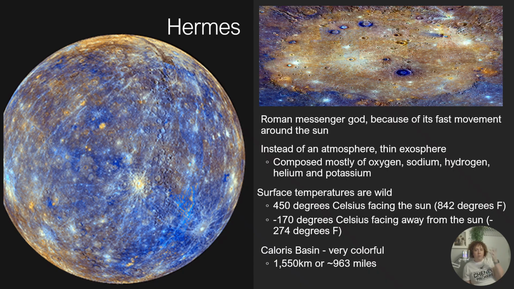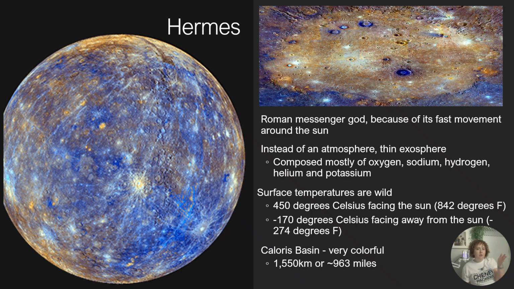So the surface temperatures can be wildly dramatic and different. The side that is facing the sun can reach surface temperatures of like 450 degrees Celsius or 800 odd degrees Fahrenheit, to where that exosphere just isn't able to maintain itself.